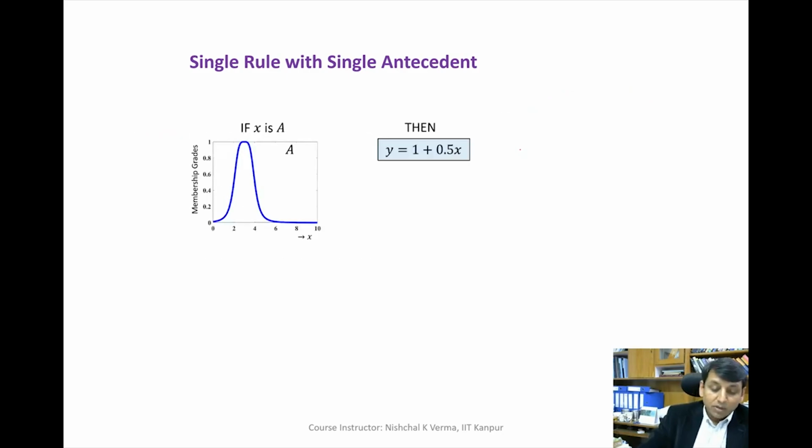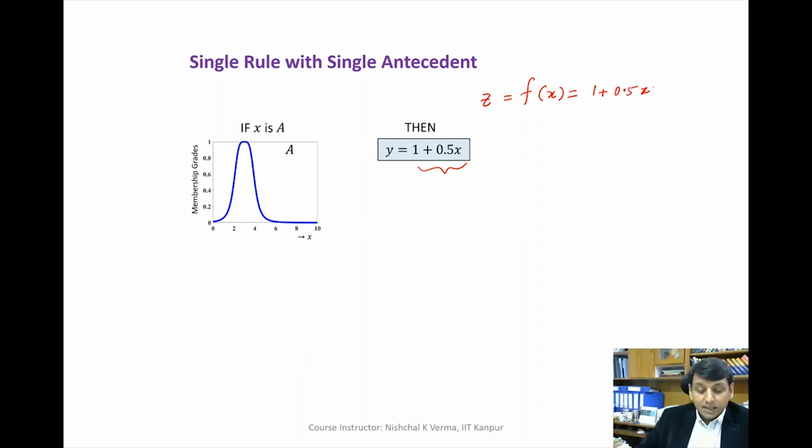And now, if we have the rule of this kind, let's say we have a TSK fuzzy model which has the polynomial f(x) like this. This is, let's say, z, which is the output, and it is of this form: 1 plus 0.5 into x.